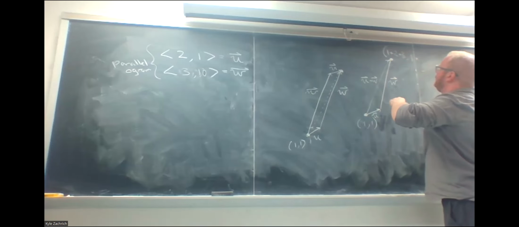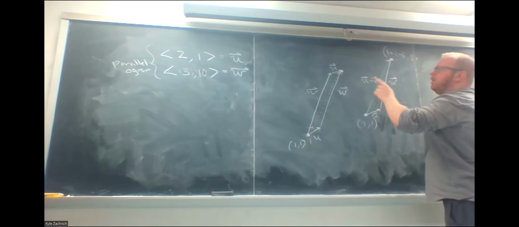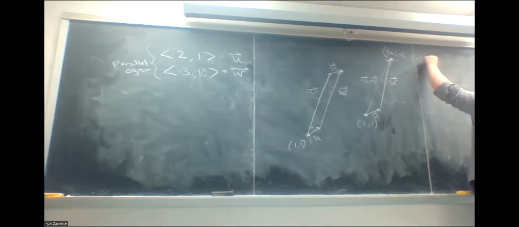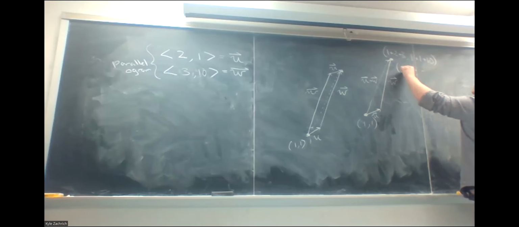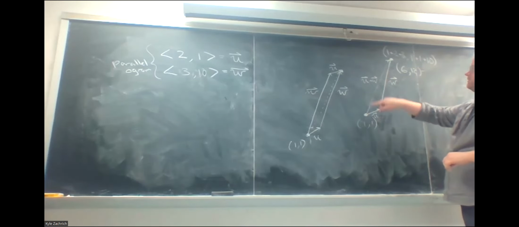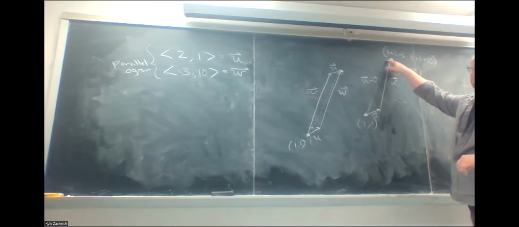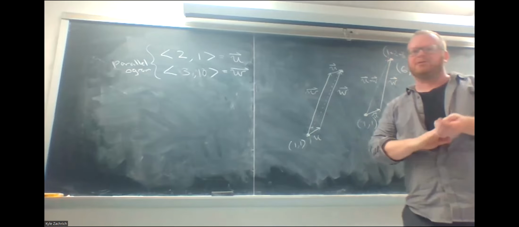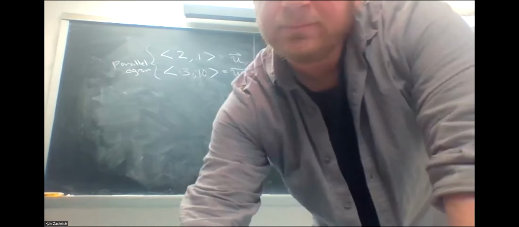And this point here would be 1 plus 1 plus 10. So starting at this point, U takes you here, W takes you here. That's what the diagonal is. It's just the addition of those two vectors.